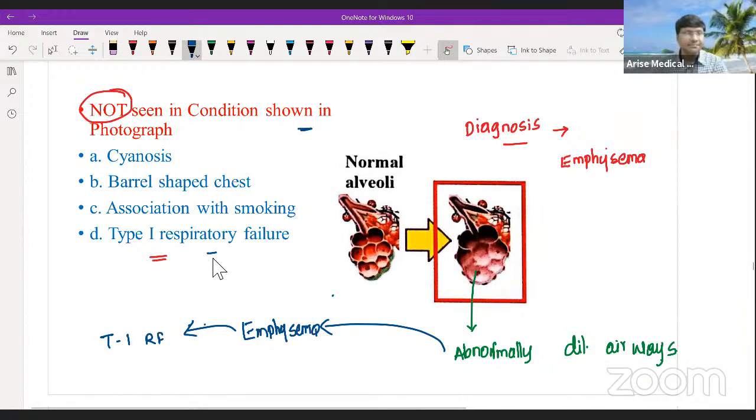This is correct, right? What are these structures? These are the alveoli, which are abnormally dilated, and these alveoli are required for gaseous exchange.